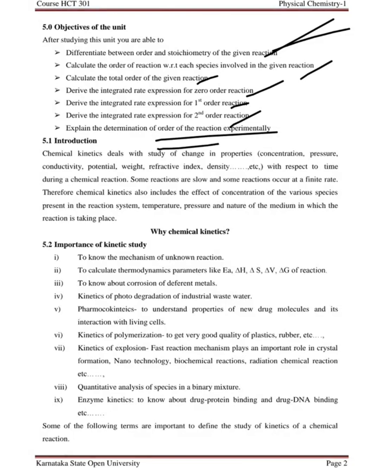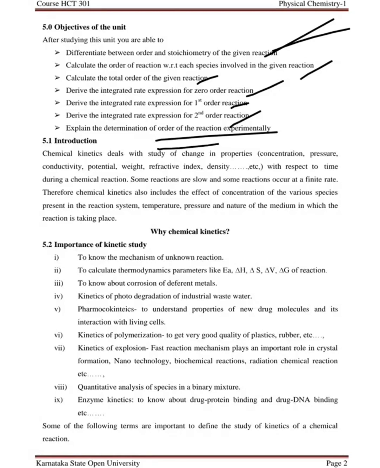So chemical kinetics deals with the study of changes in properties like concentration, pressure, density, weight, etc. with respect to time during the chemical reaction, or it is the study of the rate of chemical reaction.